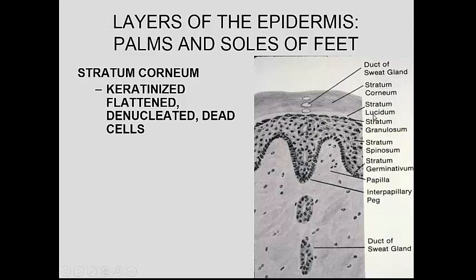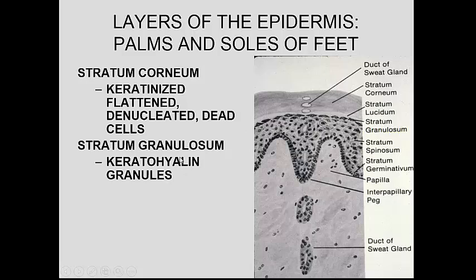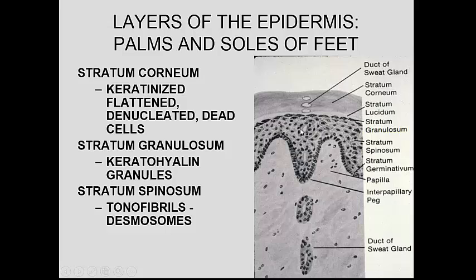Below that, you can have the stratum lucidum, especially in thick skin, which is just a clear area through there. And then below that is the stratum granulosum, and this is where you see the keratohyalin granules, which is the matrix of these cells up through there. And then below that is the stratum spinosum, where you have spines in between here. Looks like spines.